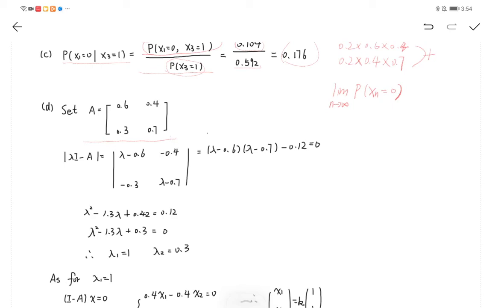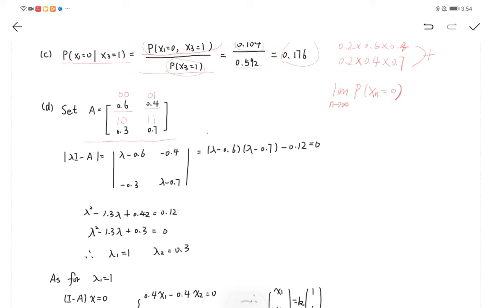And what that matrix means: 0.6 means the input is 0 and the output is 0. 0.4 means the input is 0 and the output is 1. And 0.3 means the input is 1 and the output is 0. And 0.7 means the input is 1 and the output is 1.